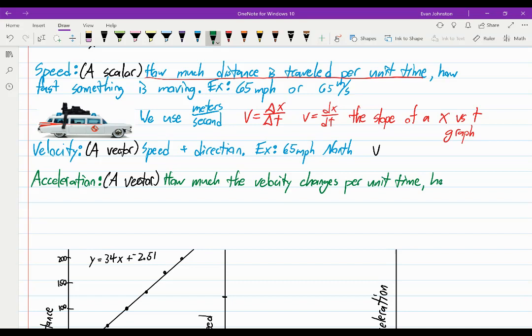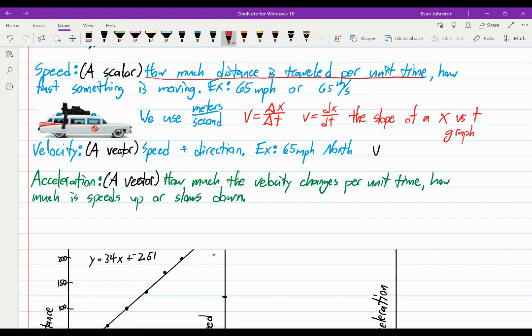Or in other words, how much it speeds up or slows down.